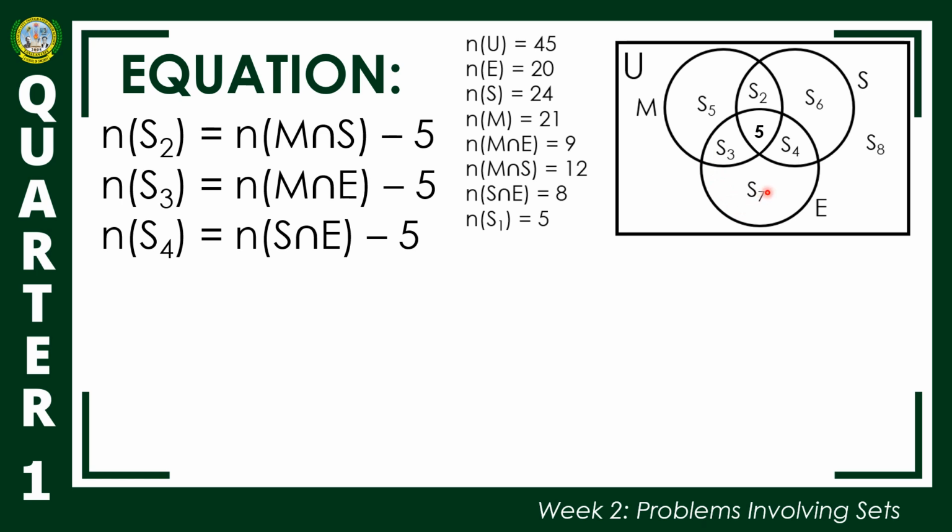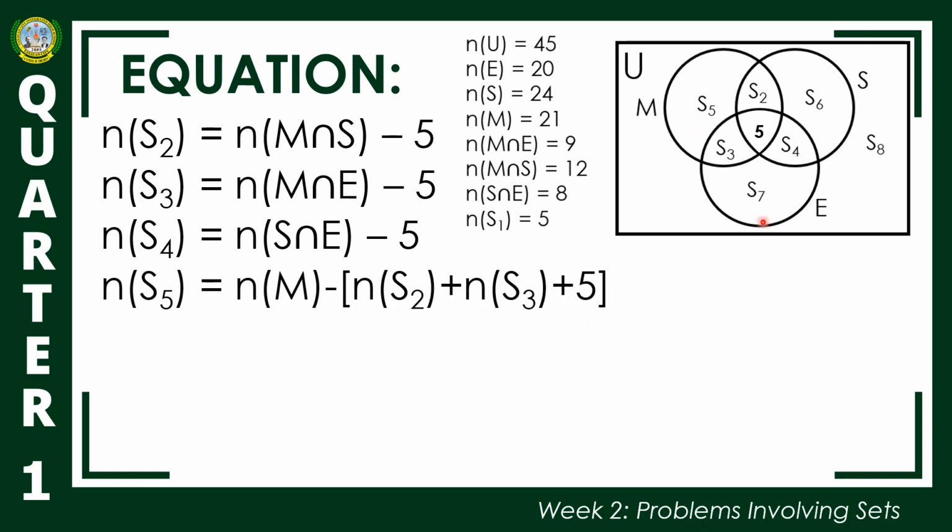So, dahil meron na po tayong values po ng S sub 2 at S sub 3, ang gagawin na lang po natin para makuha ang S sub 5 is isusubtract po natin sa number of elements ni M yung S sub 2, S sub 1, and S sub 3. Ito po yon. So, number of elements ni M minus the sum of the elements of S sub 2, S sub 3, and S sub 1. Same process po sa S sub 6 and S sub 7.